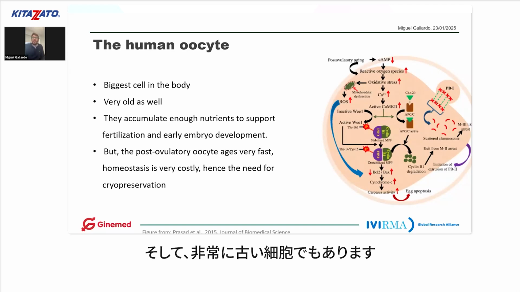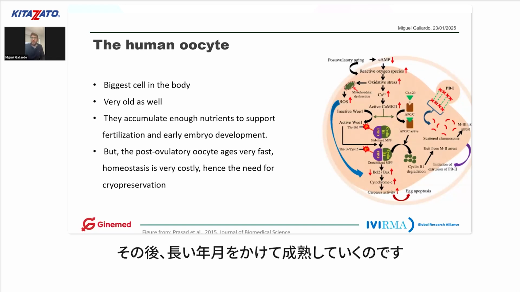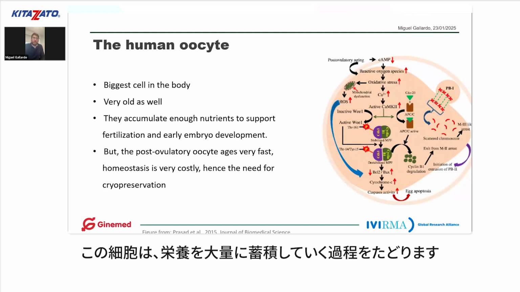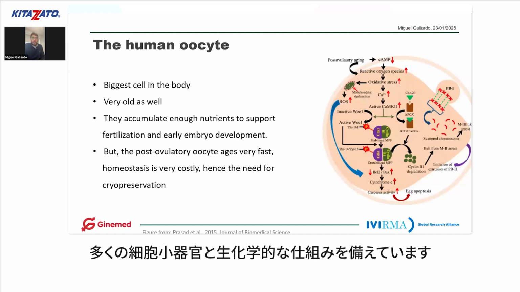It forms during embryogenesis, and when the woman is born, it's already there, so it's going to be with us for many years until eventually it's going to grow and mature. It's a process where it is going to accumulate a lot of nutrients, and it has a lot of organelles and biochemical machinery to support the fertilization and the early embryo development.